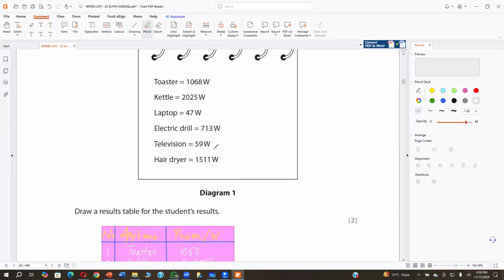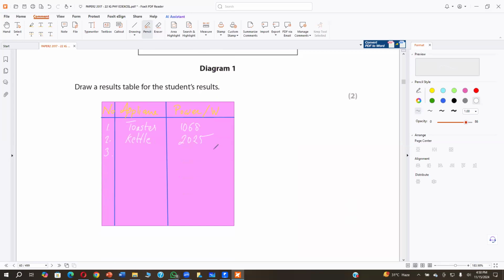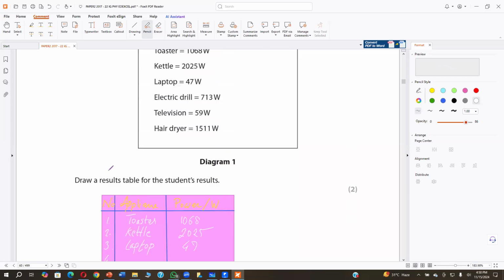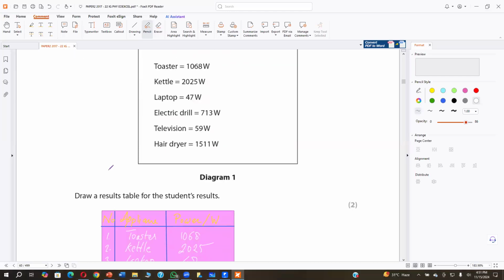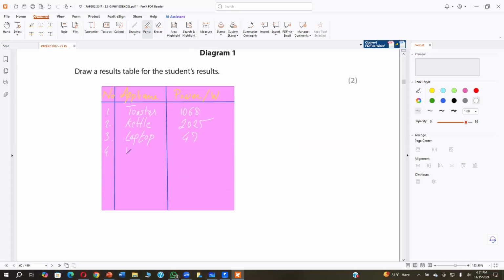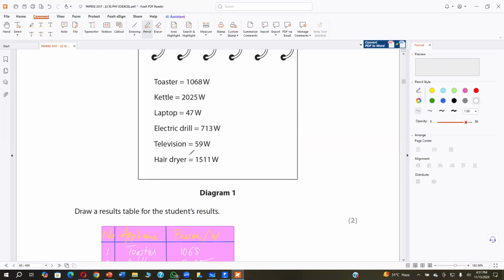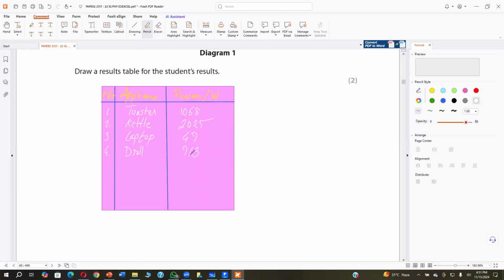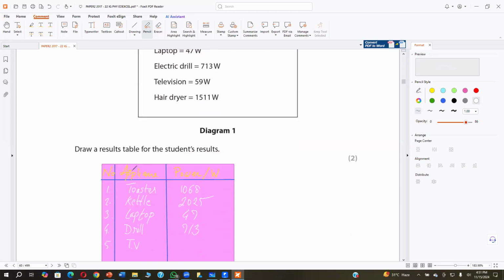In this way, you have to make the table. Laptop 47 watt. And electric drill 713 watt. And then television 59 watt.